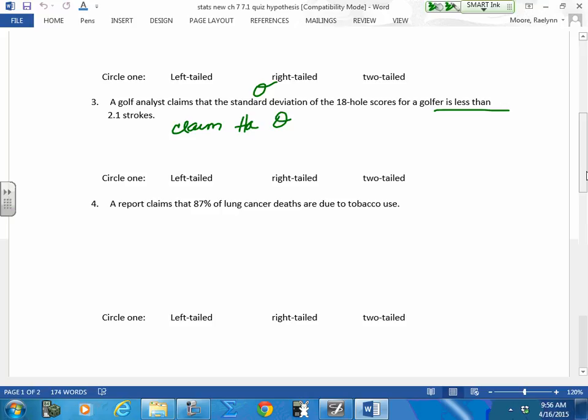Standard deviation is less than 2.1. Good. And what's your H0? And what tail test do we have? Left tail, it follows the HA. Okay, good.